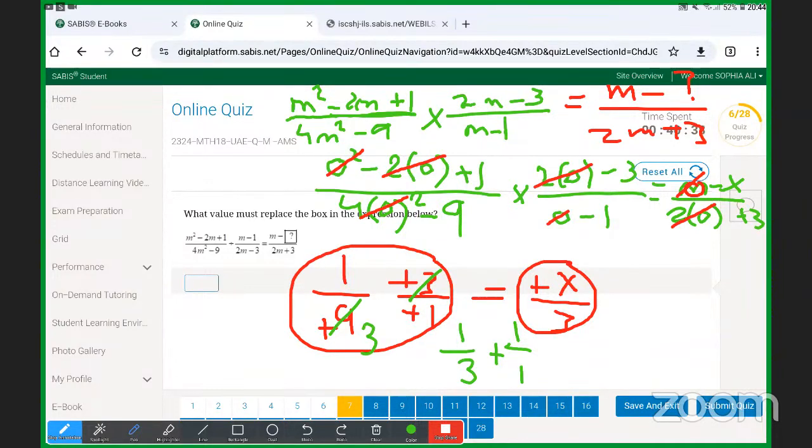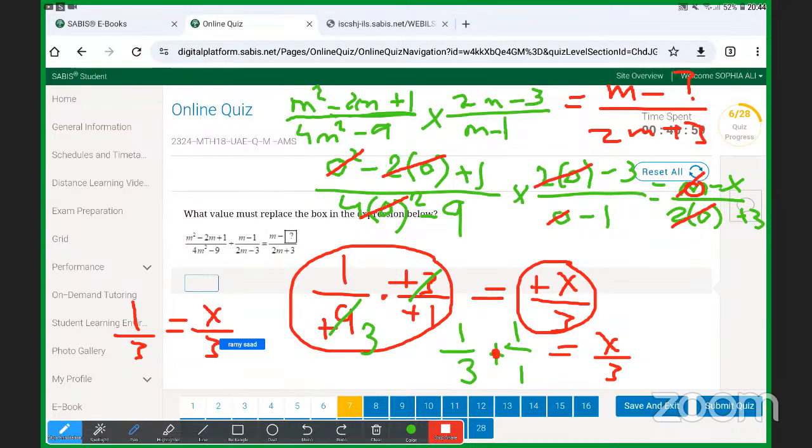Yeah, 3 is okay. So it will be 1 over 3 times, no, it's times, not plus, 1 over 1 equal to x over 3. That's great. So it is now 1 over 3 times 1 over 1, and anything times 1 is equal to itself. So it will be 1 over 3. And here you have x over 3.